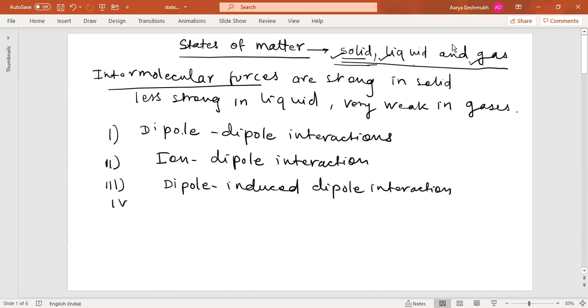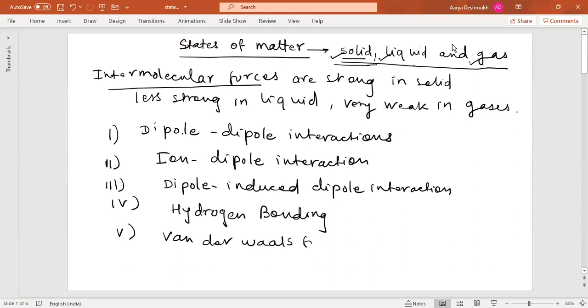And the fourth one, hydrogen bonding. And the last one, van der Waals forces, or these are also called London dispersion forces.